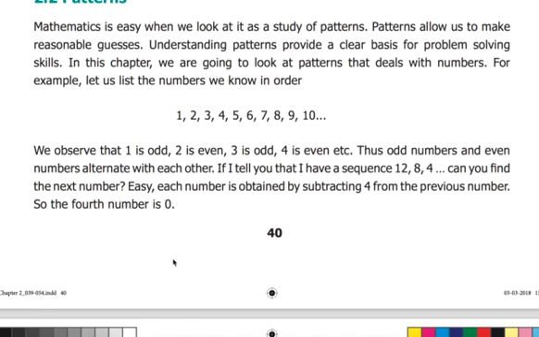For example, let us list the numbers we know in order, 1 to 10. We observe that 1 is odd, 2 is even, 3 is odd, 4 is even. Odd numbers and even numbers alternate with each other. If I tell you that I have a sequence 12, 8, 4, can you find the next number? 12 minus 4 is 8, 8 minus 4 is 4, 4 minus 4 is 0, so the next number is 0.